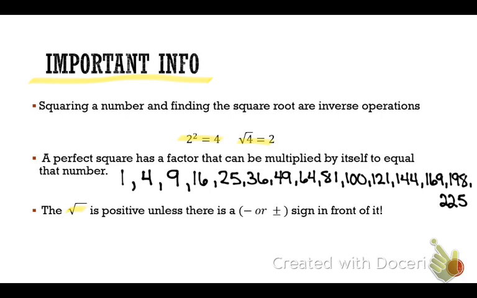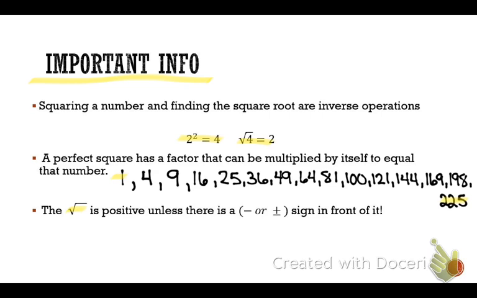So we just listed 15 numbers. What was the smallest number? 1. What was the largest number? 225. So between 1 and 225, that's 225 numbers. Only 15 of them are perfect squares, meaning only 15 numbers out of 225 can be evenly taken the square root of.